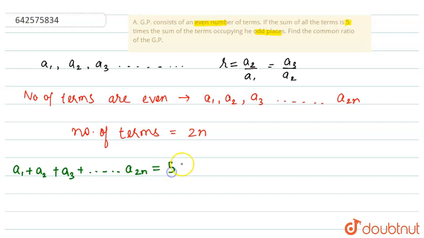This sum is equal to 5 times the sum of the terms occupying the odd places. The odd terms are A1, A3, A5, A7 and so on. So this will be A1 plus A3 plus A5 plus A7 plus up to A2n minus 1. Since A2n is the even term in the GP, A2n minus 1 will be in the odd place.